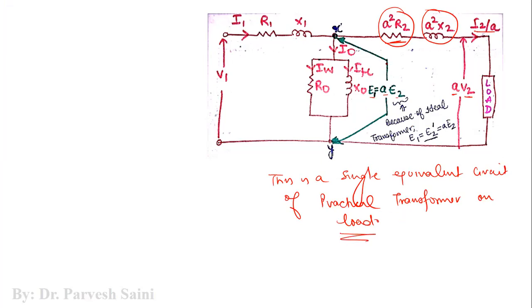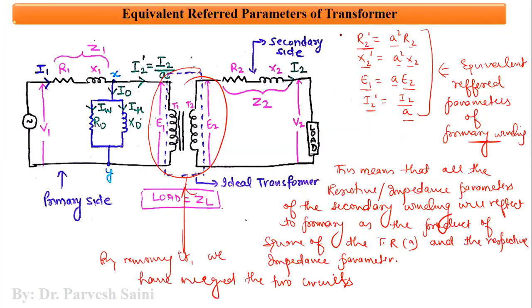Now this is the impedance basically, right? And this is also the impedance. This is Z1, for example. This is, let us say, Z2, or we can say A square Z2, right? Because if Z2 is the impedance of the secondary winding, so it will reflect in the primary winding as Z2 dash, which is equal to A square Z2.